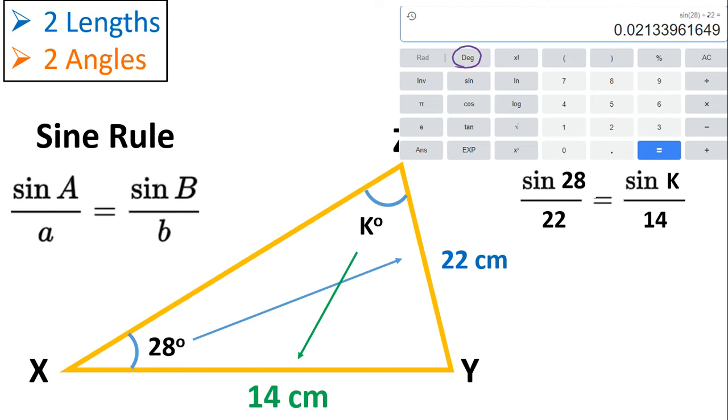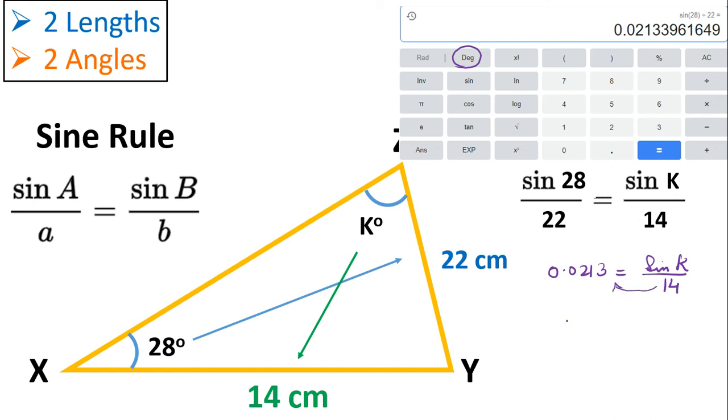So sine 28 divided by 22 gives me 0.0213 and so on. So I'll just write 0.0213 equals sine K over 14. Next thing is that I gotta get rid of the 14 over here because I need to find my K in the end. So whatever is attached with the K goes to the other side one by one.